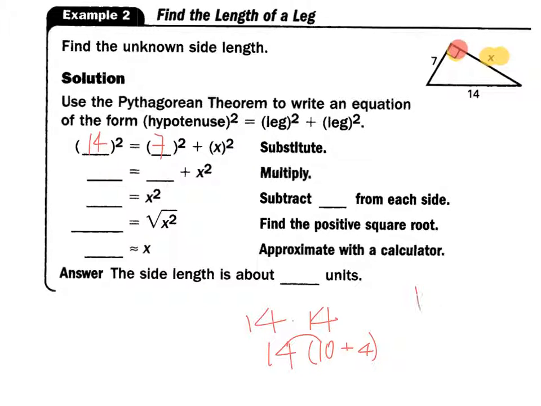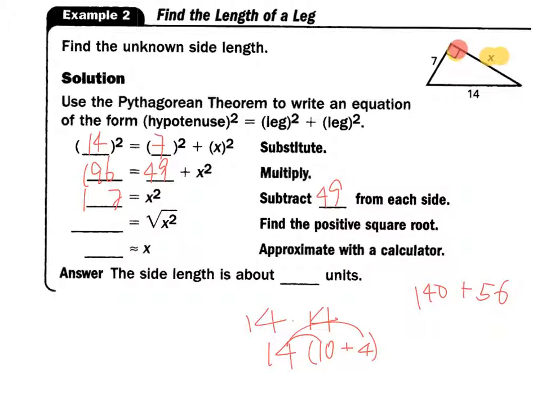This gives me 140, and this gives me 56. So I should have 196 here. 7 times 7 is 49. Now if I subtract 49 from both sides, I should have 100, what do I have?